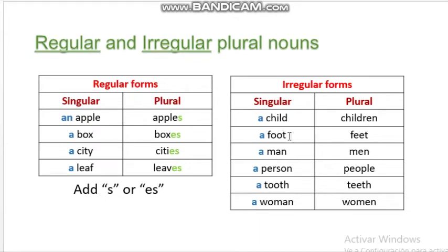A foot is one, but feet are two. A man, men. A person becomes people. A tooth, teeth is the plural. A woman, women. Okay, so all these ones are irregular.